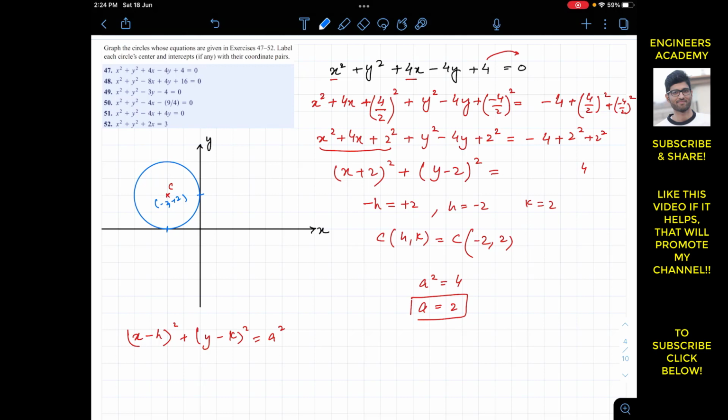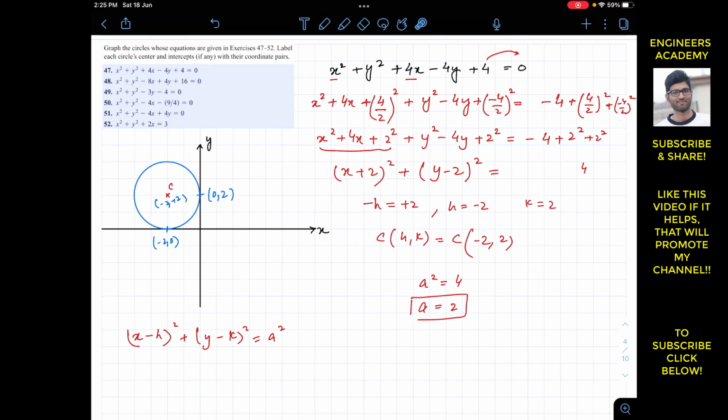By inspection we can say that the x intercept is at minus 2 and 0, and the y intercept is at x equals to 0, y equals to 2. So now this equation represents this circle, and the standard form of this circle is represented by this equation. This is x plus 2 square plus y minus 2 square equals to 4, which is the constant on the right hand side, and the radius is equal to 2.